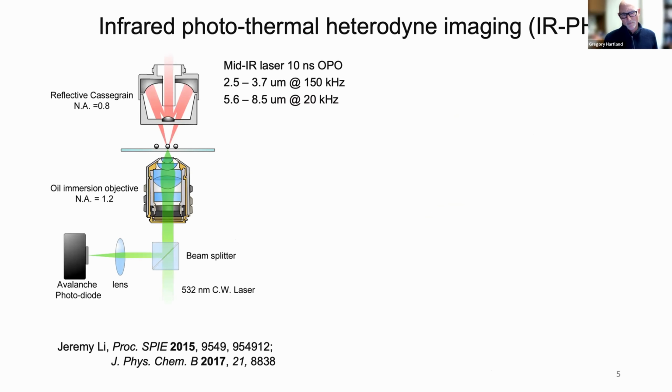The difference between how we do things and what was done by Jixing Cheng in a previous talk is that we focus the probe beam with a regular refractive objective. So we separate the pump and the probe. The advantage is that refractive objectives are usually a lot better than reflective objectives, so we get a much better spatial resolution for the probe beam.